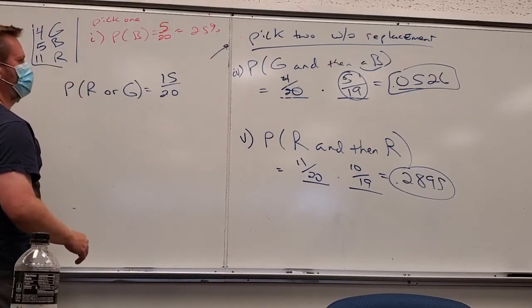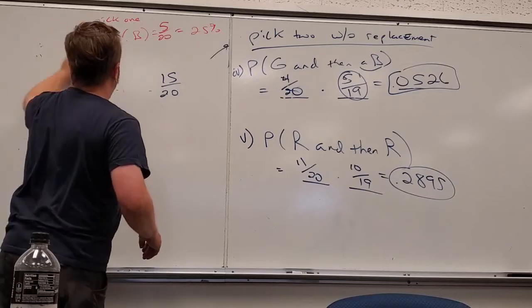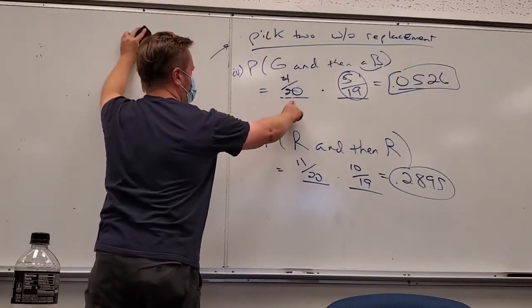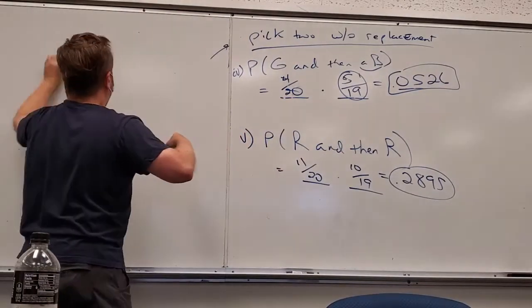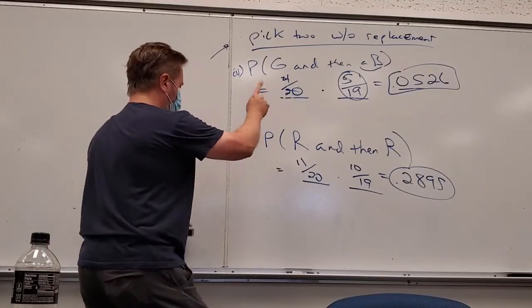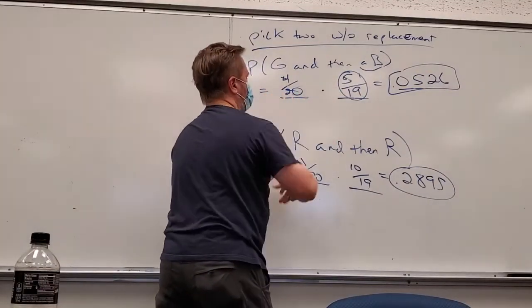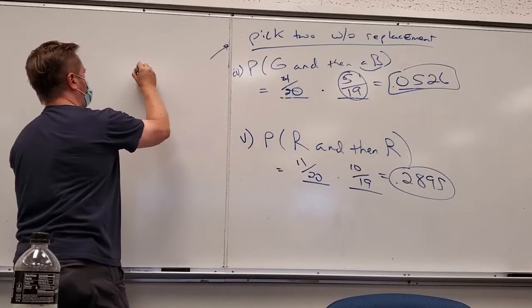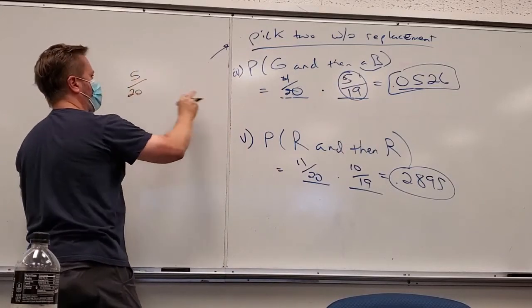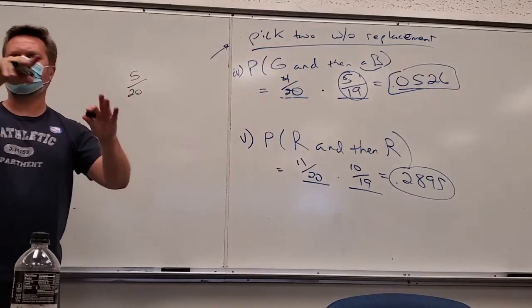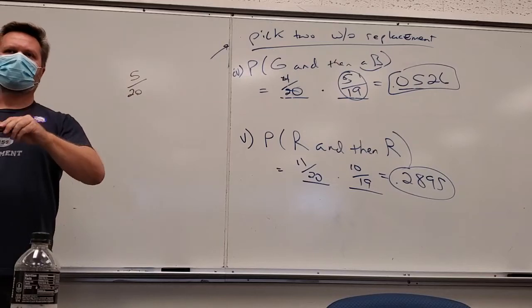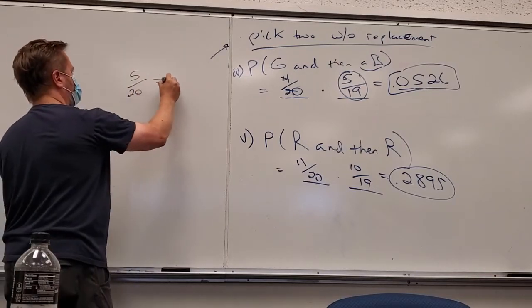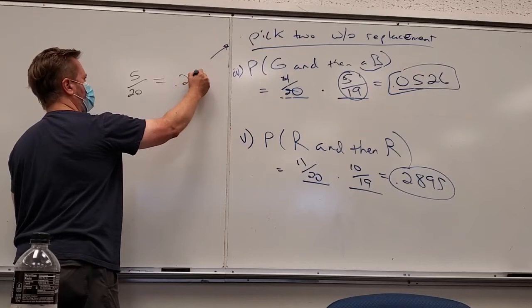All right, one more thing to talk about, and it kind of relates to what we're doing here. Real quick, wasn't a blue 5 out of 20 before, by itself? Remember that problem we were just doing? 5 divided by 20, of course, is 0.25. Is that cool?